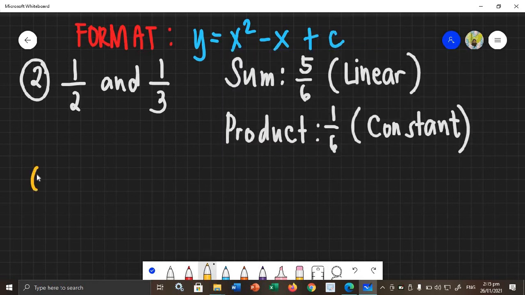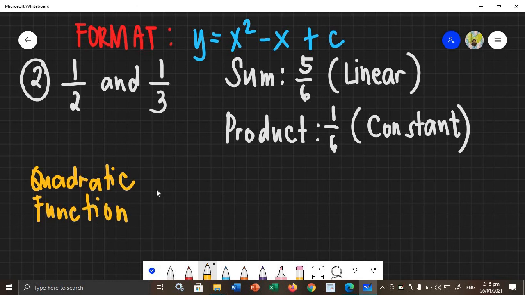So let's derive the quadratic function. So using this format, now we have y is equal to x squared minus yung coefficient ng linear term mo is 5/6. Wala kang problem kasi positive si 5/6.